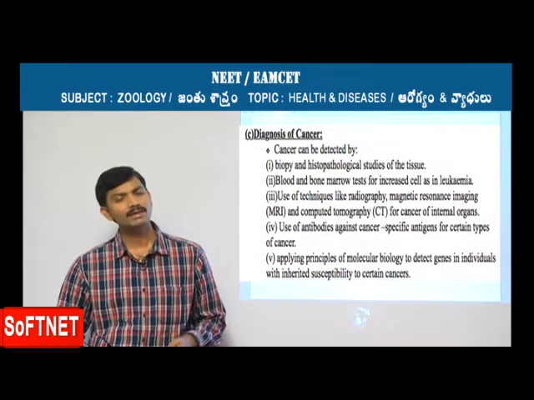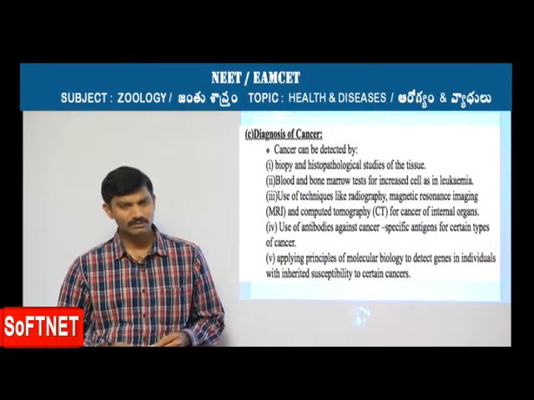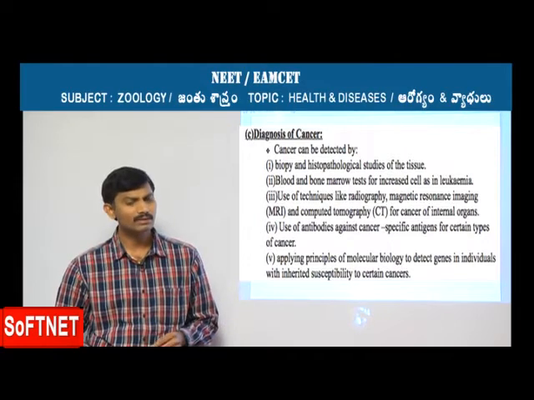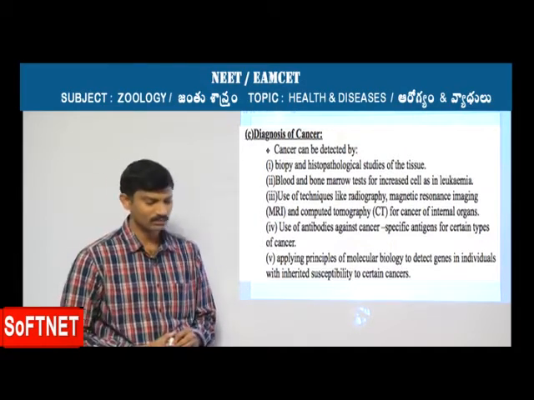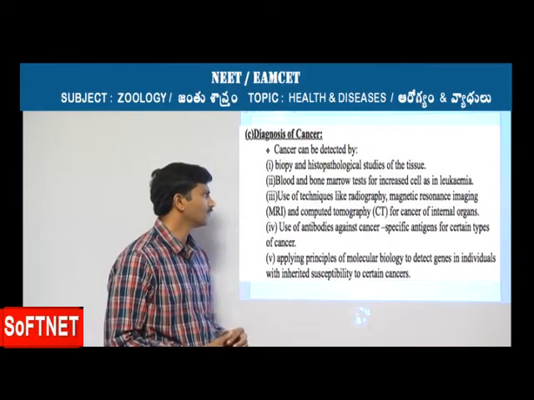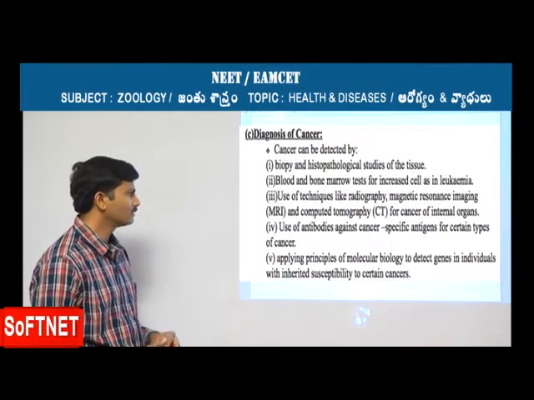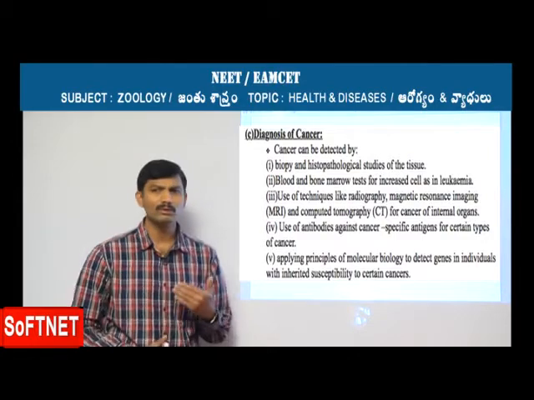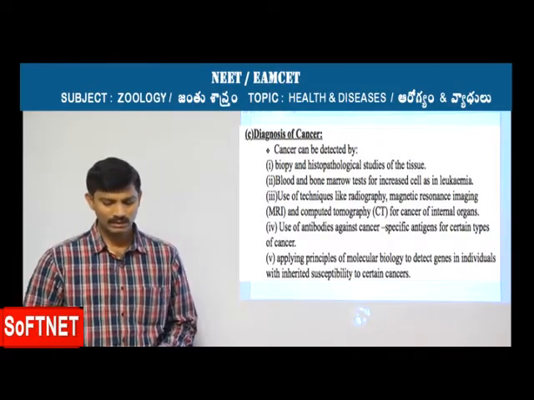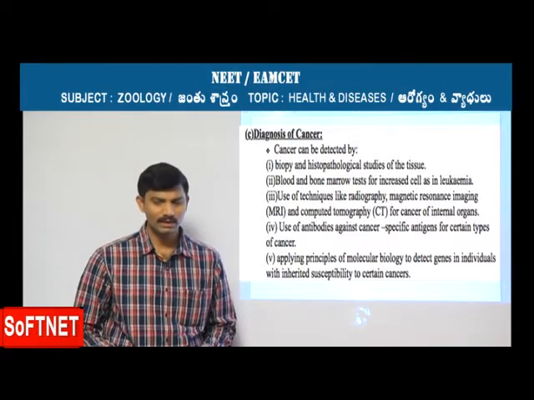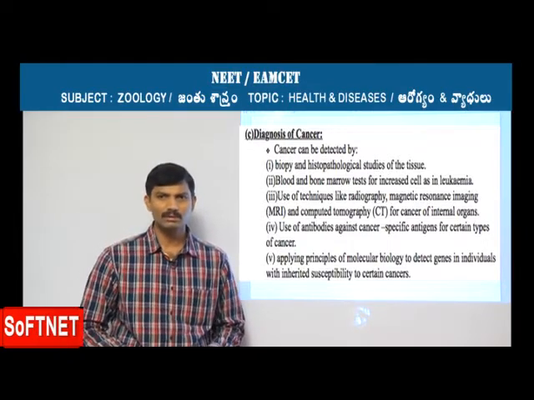The second type is sarcomas, which develop in the connective tissues, and also in the muscles. If they develop within the blood or bone marrow, they are called leukemias. The fourth type is lymphomas, which develop in lymphoid tissues or bone marrow tissues.